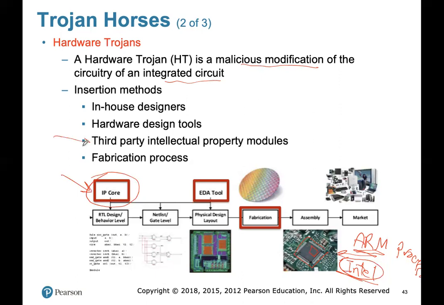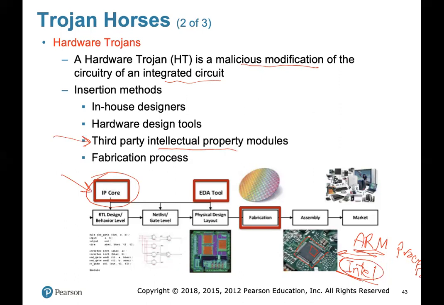Intellectual property is basically those library functions that some big companies purchase from smaller companies, because they want to finish their product quickly or faster.